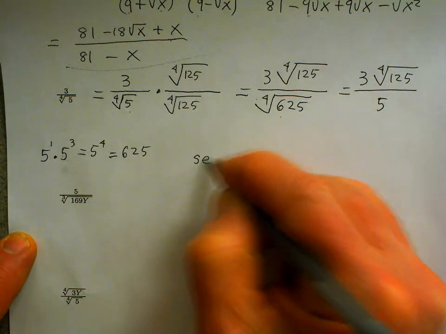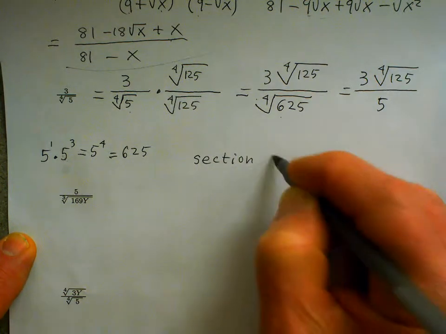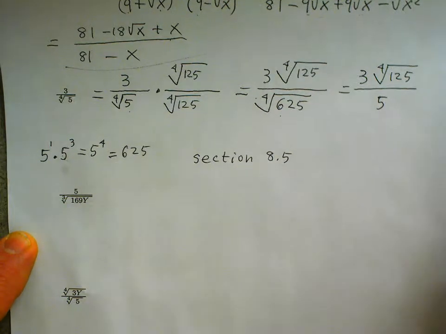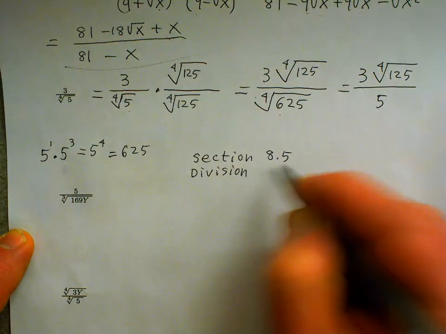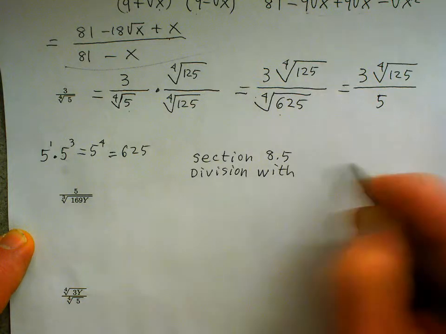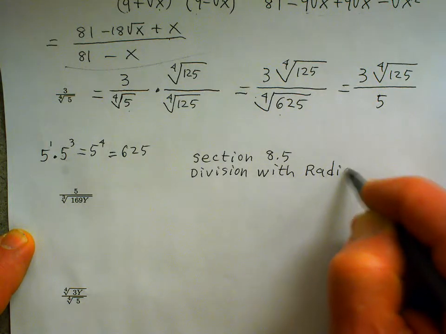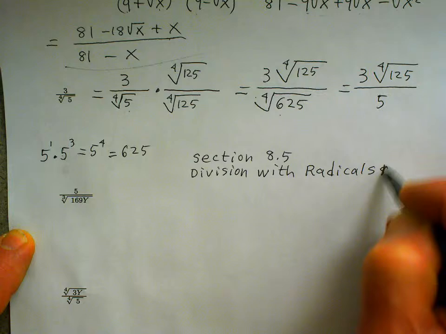So section 8.5, division with radicals. This is how far we got when we were working on that.